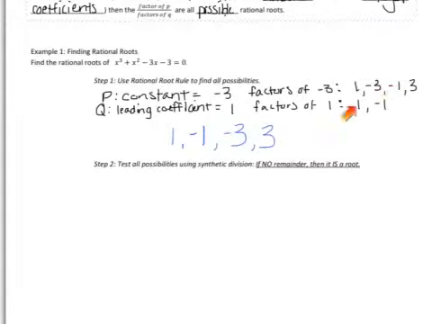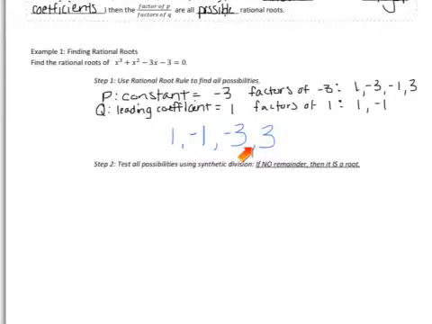Negative 1 over 1 makes negative 1, wrote that down. Negative 1 over negative 1 makes 1, we wrote that down. 3 over 1 makes 3, got that. 3 over negative 1 makes negative 3, we got that. So we have 4 possible factors. We just went from having an infinite number of numbers that could be roots down to just 4 of them. So it seems like we're on a good track.